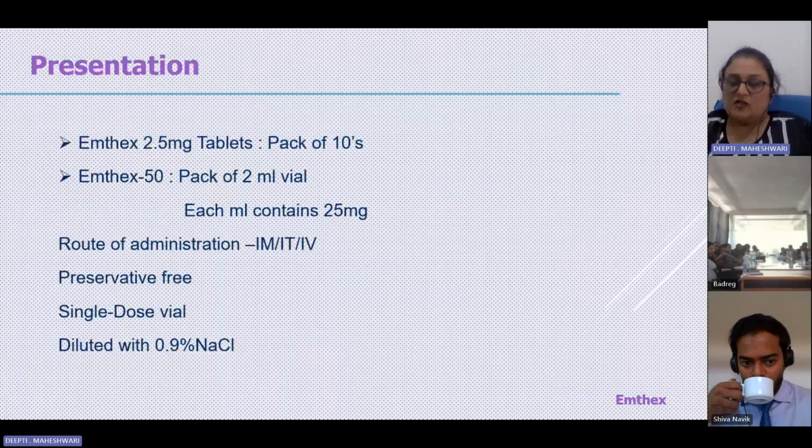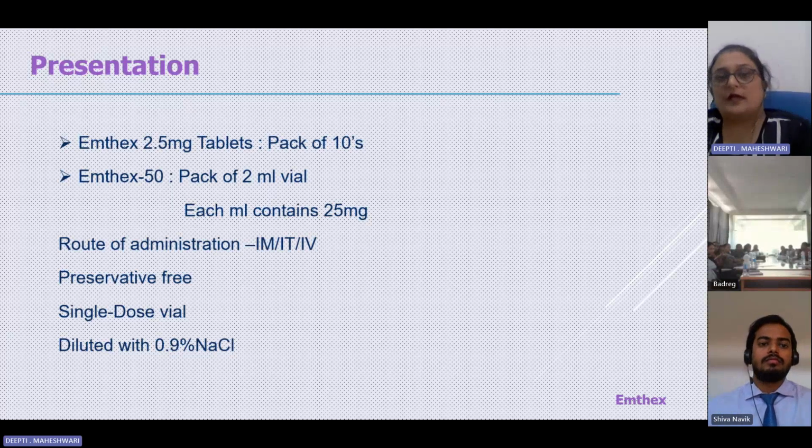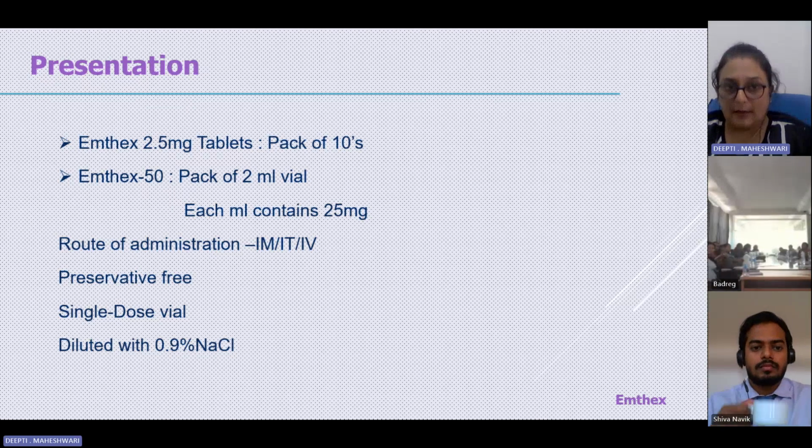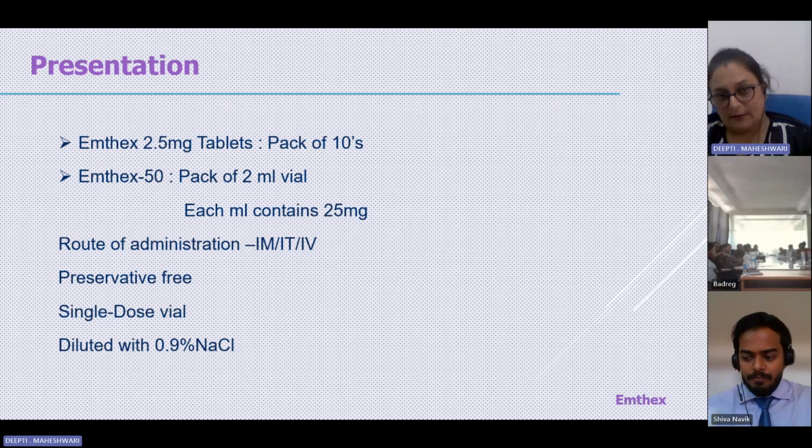Now, coming to the presentation, how is the packing of methotrexate, that is MTEX? MTEX 2.5 mg tablet is a pack of 10 tablets. In one strip, you have 10 tablets, and MTEX 50 is basically the injectable vial. This is a vial of 2 ml, and each ml contains 25 milligrams.